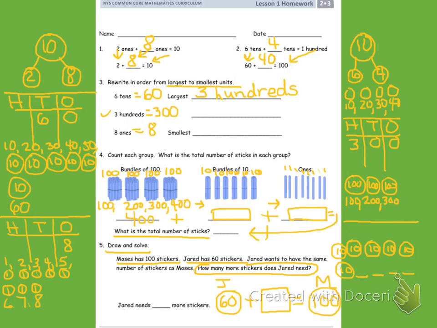But I can't write a 4 in the square because 60 plus 4 is 64. But really, what's the value of 4 more tens? Whatever the value of the 4 tens is the number you write here. Then don't forget to write that number on this line too. Jared needs blank more stickers.